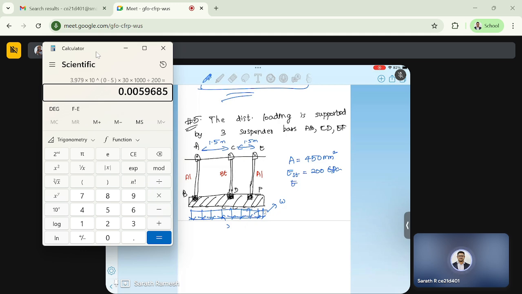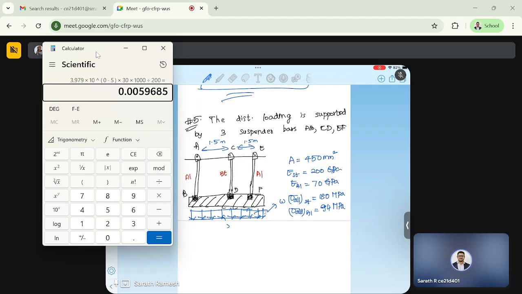For aluminum, it is 70 gigapascal. And allowable stress is also given: 180 megapascal for steel and 94 megapascal for aluminum.